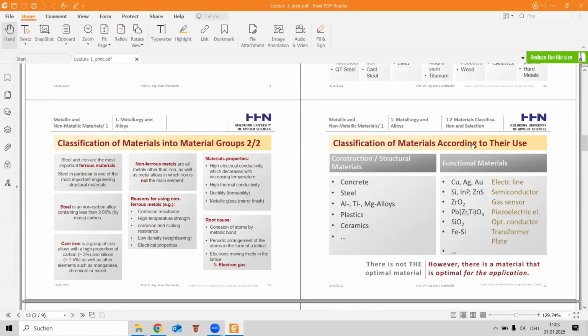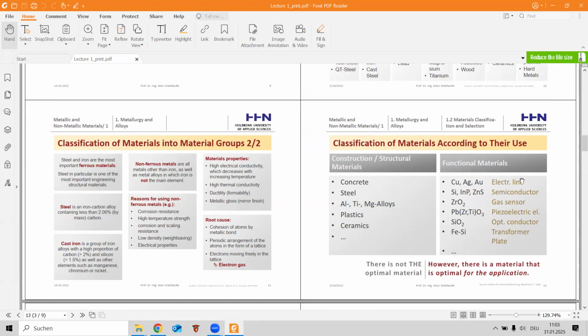So we have two base groups of classification. Construction or structural materials like concrete, steel, aluminum, titanium, magnesium alloys, plastics, and ceramics.